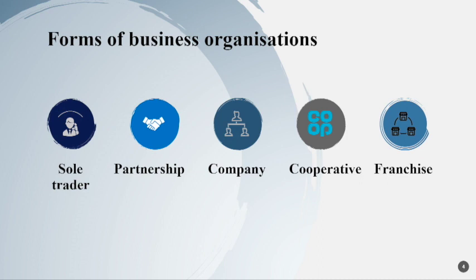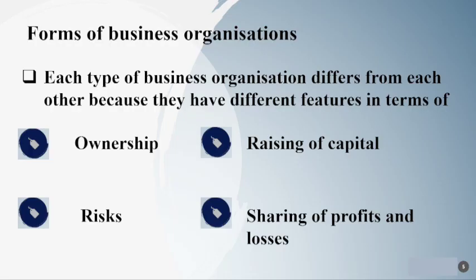They are sole trader, partnership, company, cooperative, and franchise. Each type of business organization differs from each other because they have different features in terms of ownership, raising of capital, risk, sharing of profits and losses.